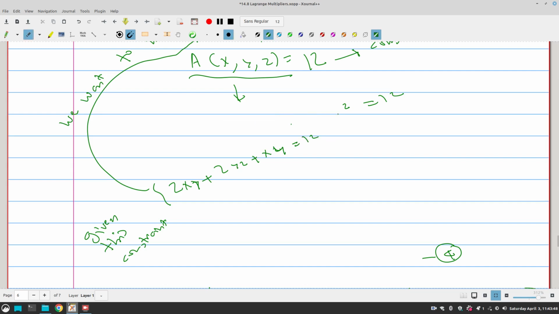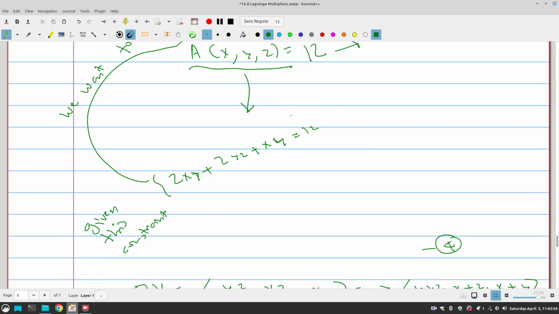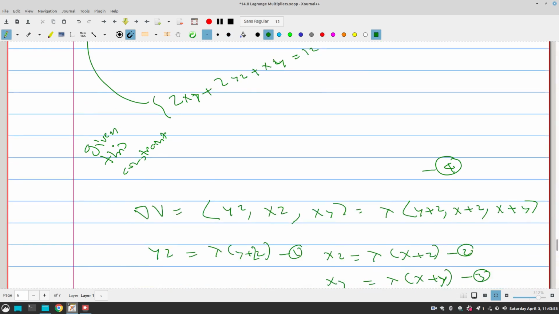This is my constraint. So the constraint equation is basically 2xy plus 2yz plus xy equals 12.